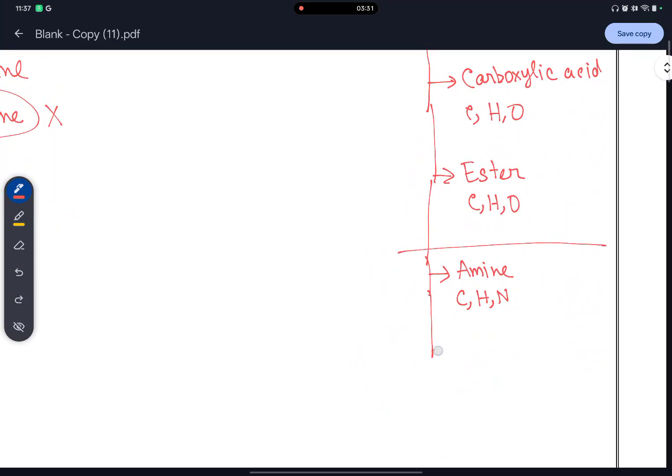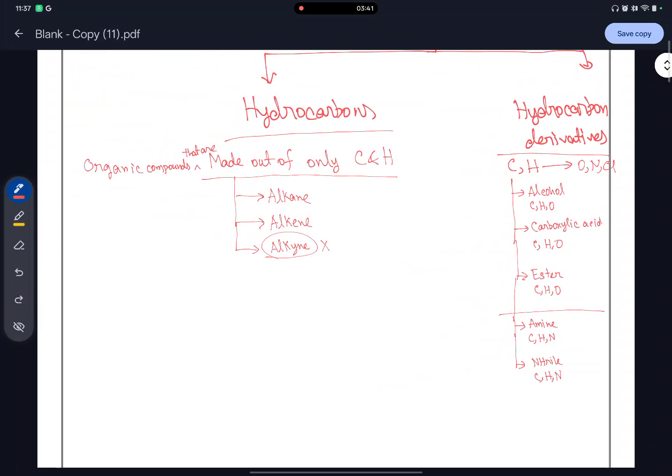Next one is nitrile or cyanide. Same thing, carbon, hydrogen, and nitrogen. So hydrocarbon is made out of only carbon and hydrogen. Hydrocarbon derivatives have carbon, hydrogen, and another element. It can be oxygen, nitrogen, chlorine, many other things.